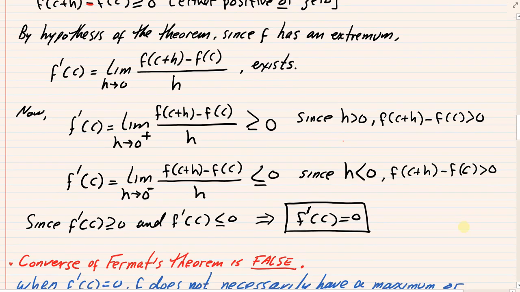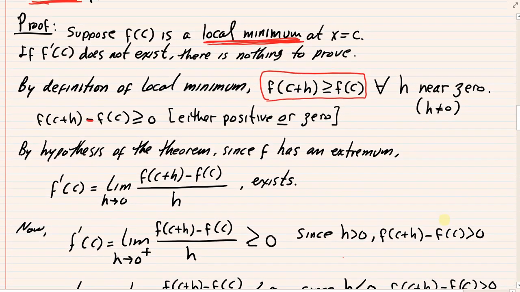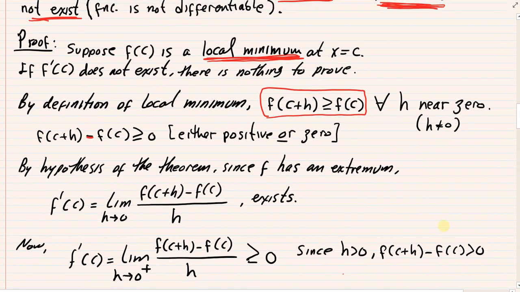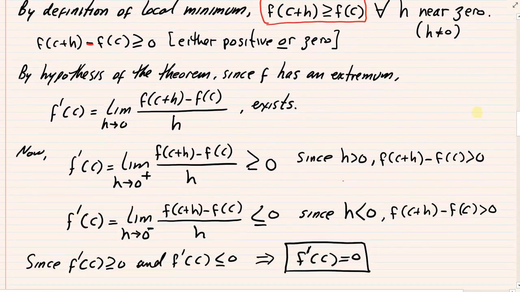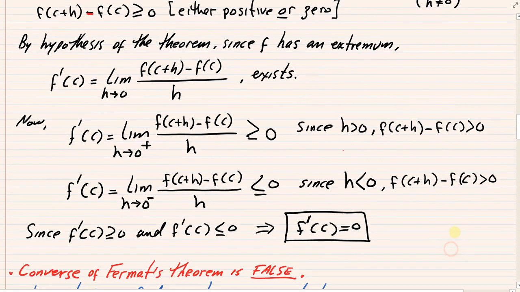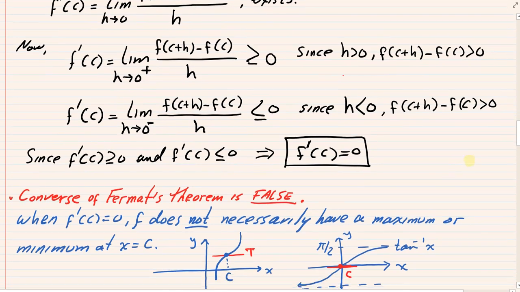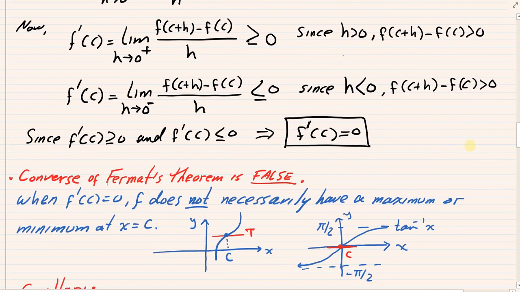Again, for the proof of a local maximum, the proof is in your book. Now, it's important to note that the converse of Fermat's theorem is not true. And what does the converse say?